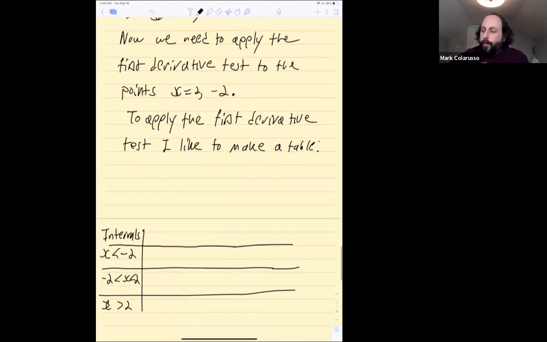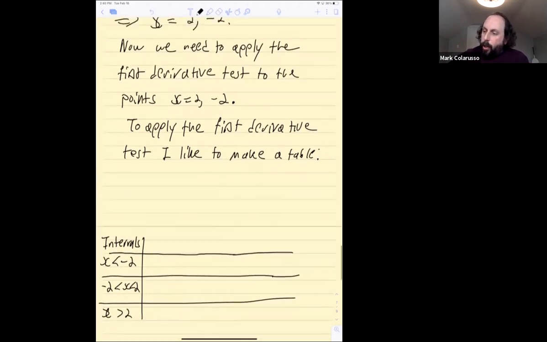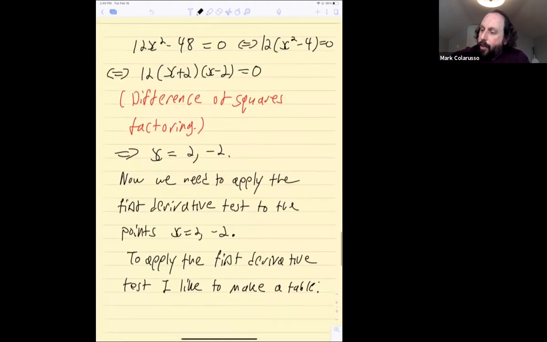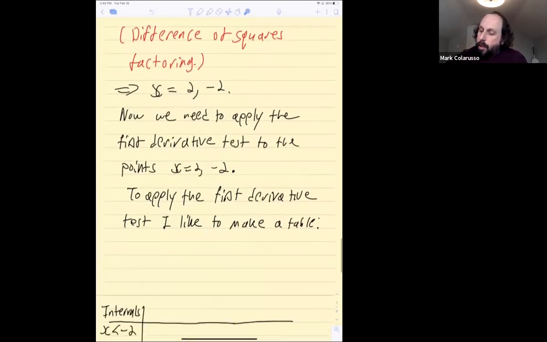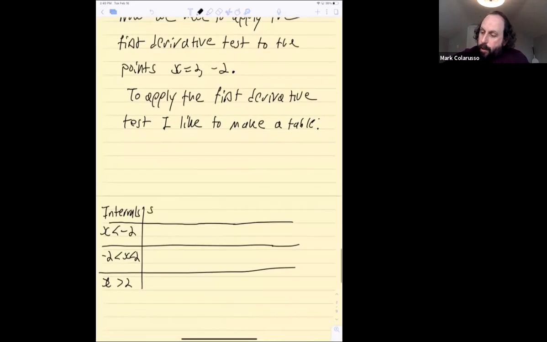Okay, now for the columns, I'm going to use the factorization of the derivative here, because the sign of the derivative is the product of the signs of its factors. So this will be the sign of the first factor, x plus 2.